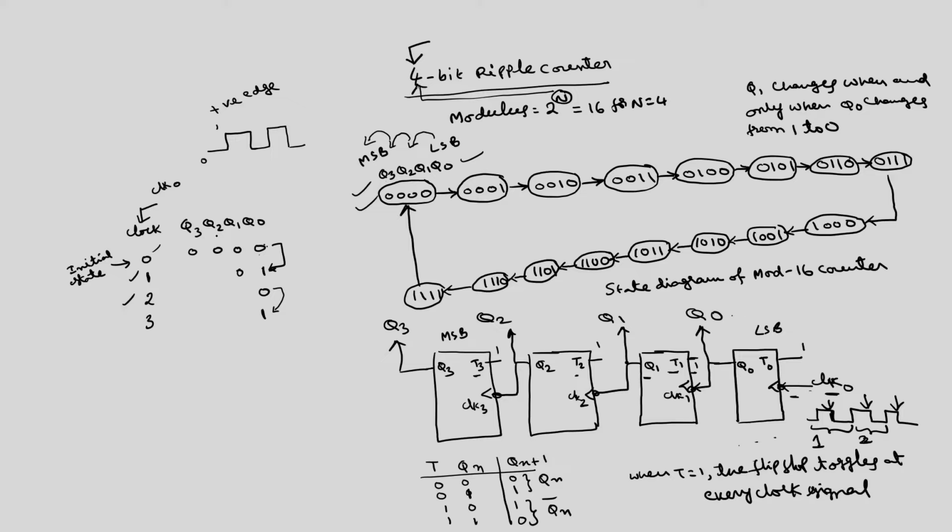Similarly, the condition for Q2 to change is that Q1 has to change from 1 to 0, but it has not changed, so it remains in the same state. The condition for Q3 to change is that Q2 has to change from 1 to 0, but Q2 remains 0, so Q3 remains at 0. After the first clock signal the next state is 0 0 0 1.